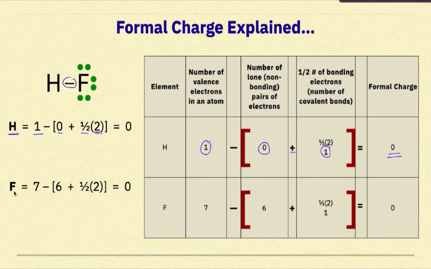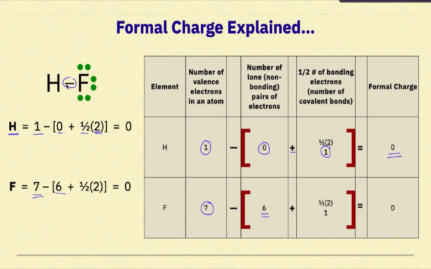Now let's look at fluorine. Fluorine has 7 valence electrons. The number of electrons involved in non-bonding electron pairs is 6, plus half of the bonding electrons.